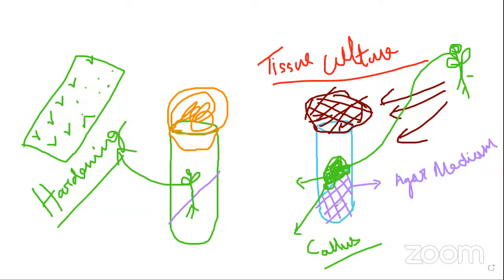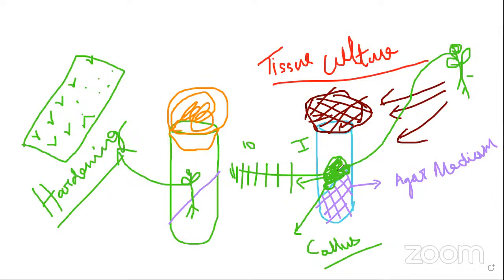Likewise, you have to take 10 test tubes and number them up to 10 in a line. Here 1, 2, 3, 4, 5, 6, 7, 8, 9, 10. This one is the 10th.